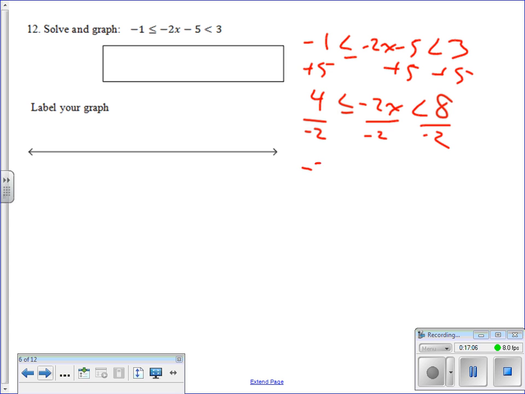And I get negative 2 and x and negative 4. And I change my inequalities because I divided by a negative. I have to change them both. And then I graph it. Negative 4, positive 2, closed circle, open circle, and everything in between because that's where x is.